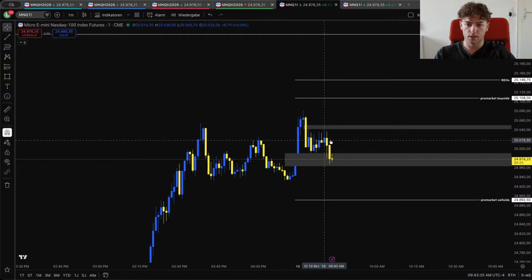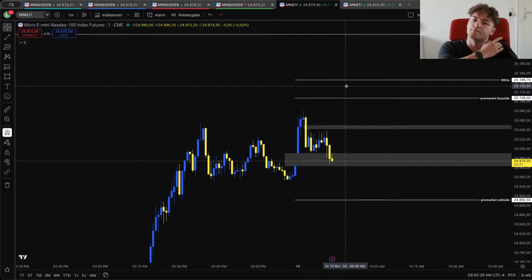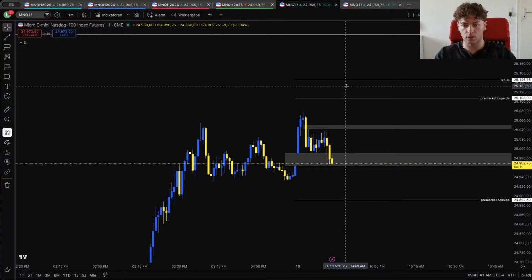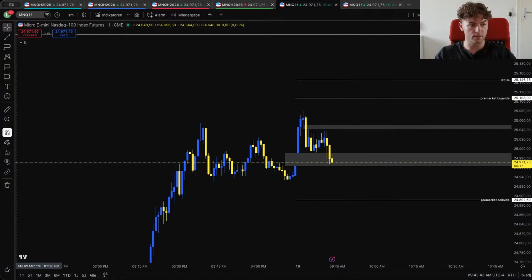So when we want to see higher prices in Nasdaq, we want to see lower prices in the dollar. And yeah, today is a pretty small range day on DXY compared to the previous days and weeks.